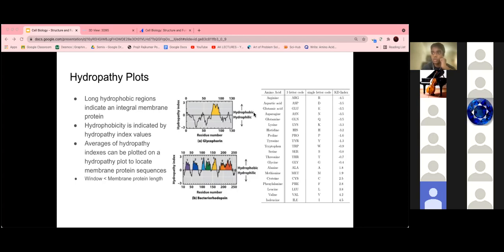Those that strongly gravitate towards ethanol are given a certain number, and likewise those that gravitate strongly towards water are given another number.